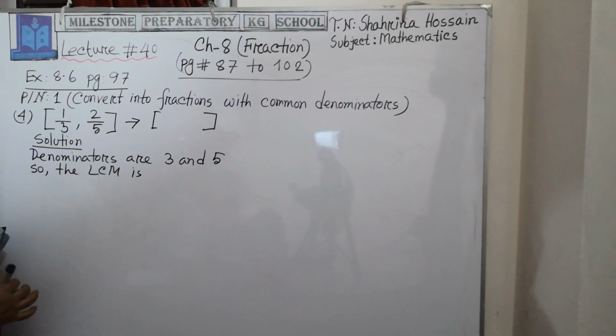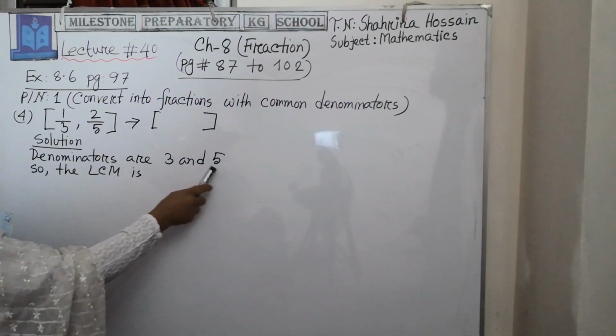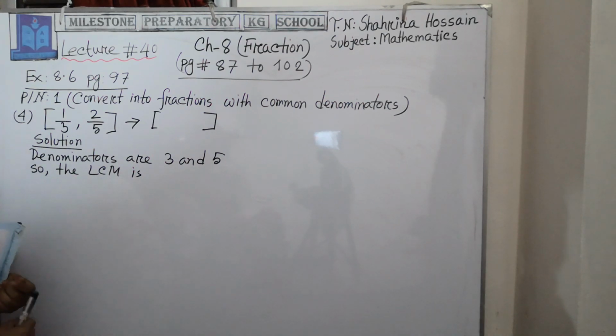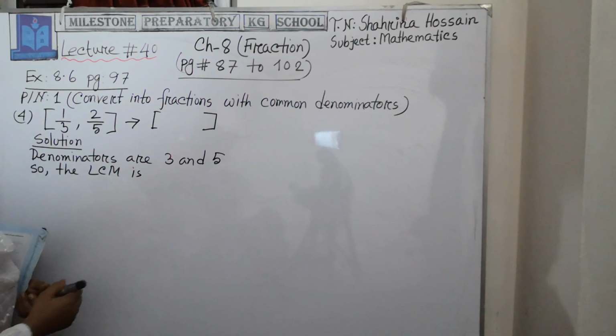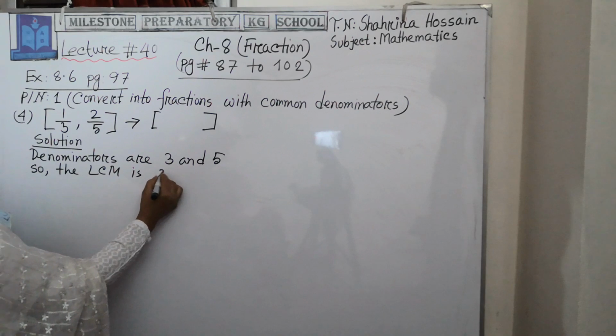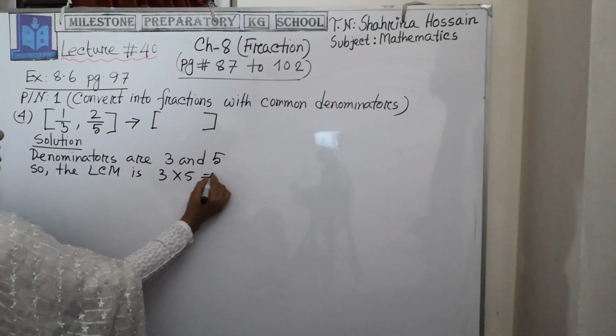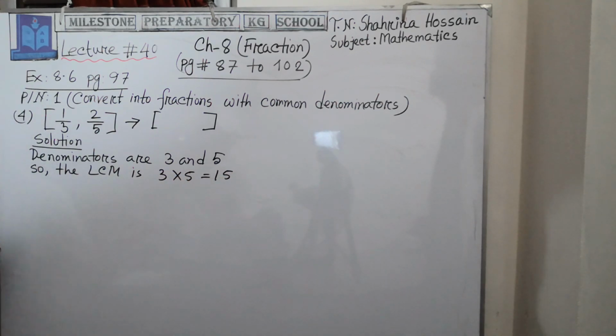So how can you find the LCM? 3 and 5 are both prime numbers. When numbers are prime numbers, we multiply directly to find the LCM. So 3 into 5 is 15.